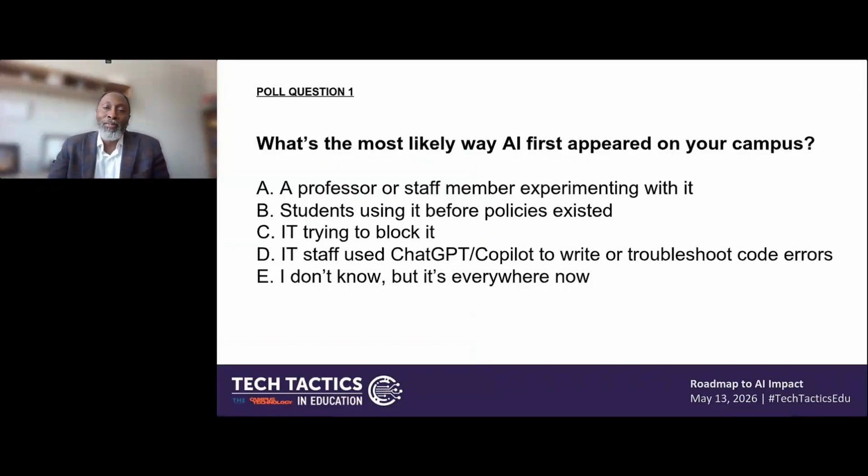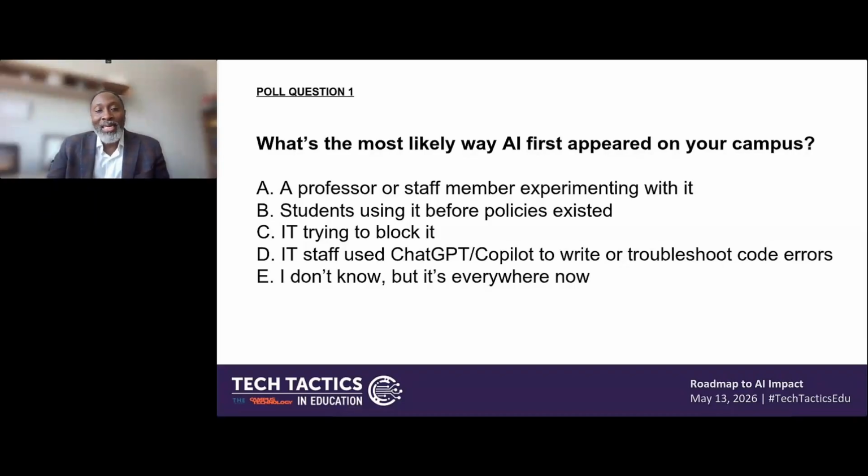So we're going to start off with this question before I go any further. What's the most likely way AI first appeared on your campus? A, a professor or staff member experimented with it. B, students using it before policies existed. C, IT was trying to block it in your organization.